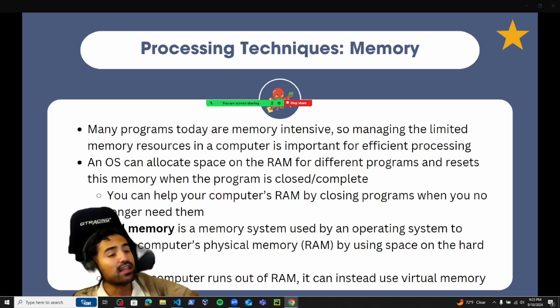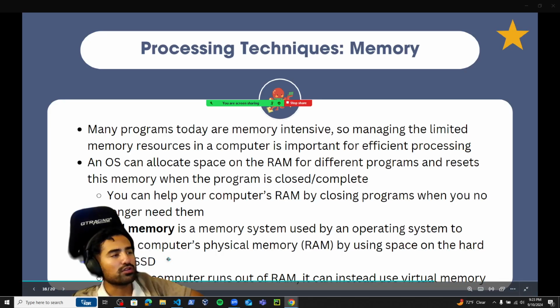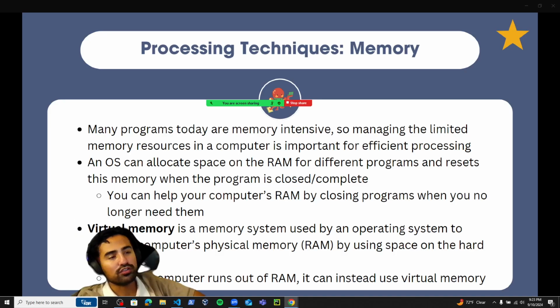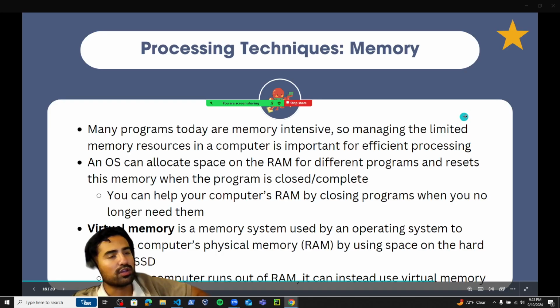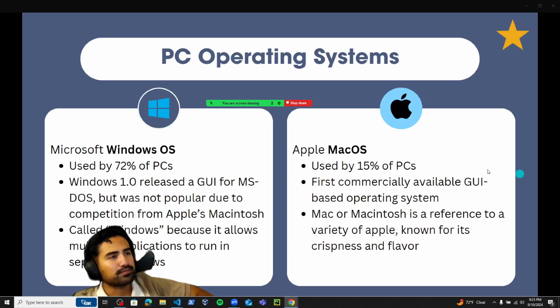So you can pretend like it's a RAM where you put data in there and then take it out very quickly, right? So that's called virtual memory, an important one to know in terms of not just multitasking, but also just how operating systems solve the problem of limited resources. So yeah, virtual memory is a trick that computers will use to extend their power.